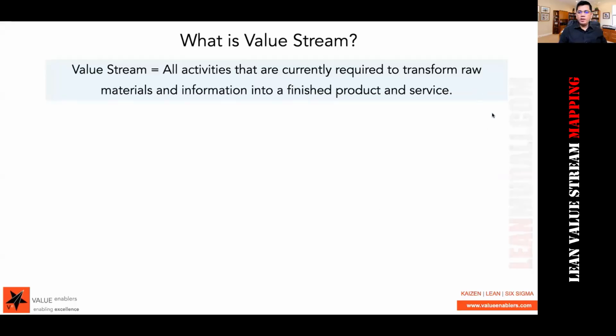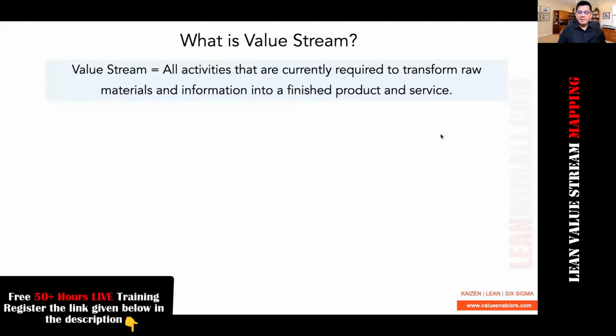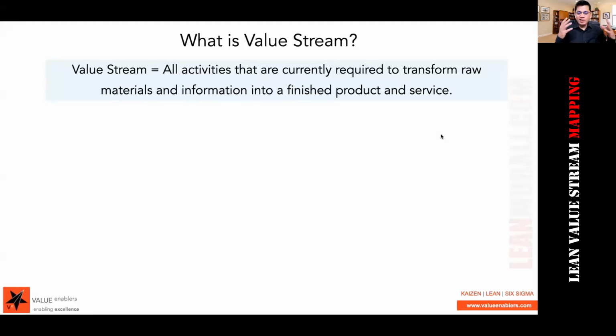Let's go in again and revise what is value stream. Value stream is all activities that are currently required to transform the material and information into a finished product, good or service, which means you have all the activities. Without activity, nothing can happen, right? A wish cannot bring up anything.